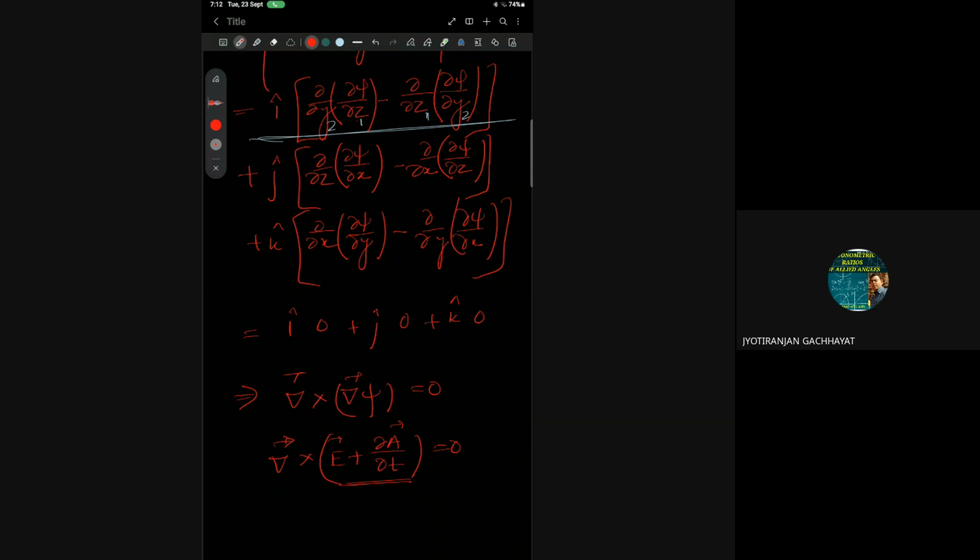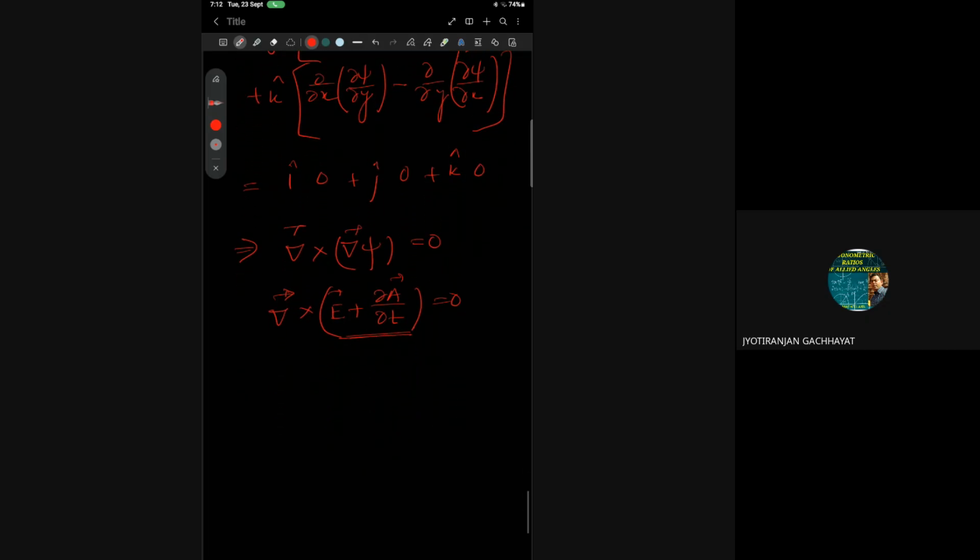So let me write that. So E plus del A by del T is equal to minus del phi. I can introduce a minus sign. We'll see later why we introduced the minus sign. Okay.